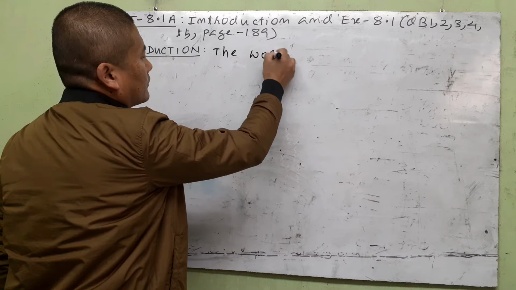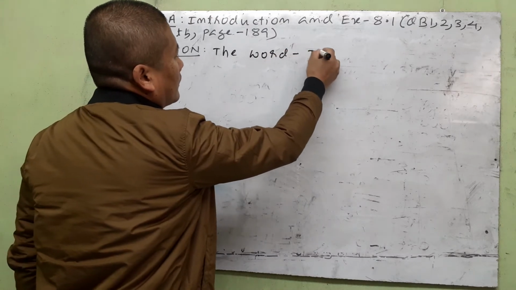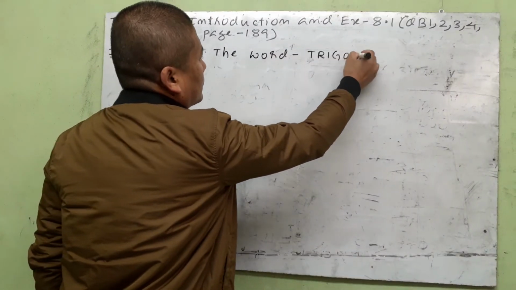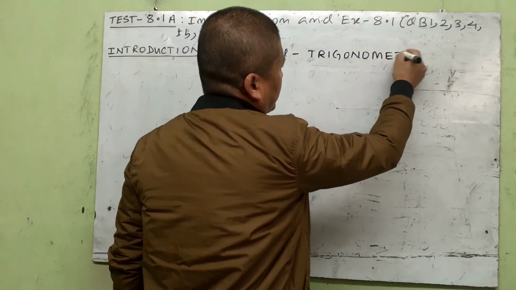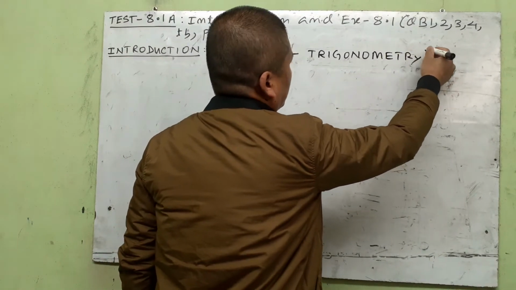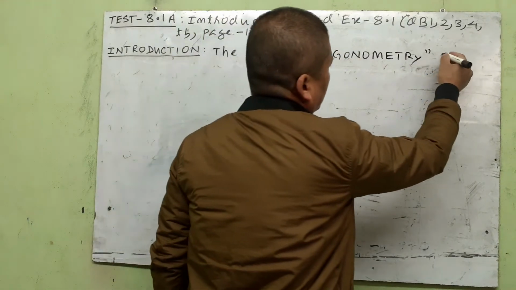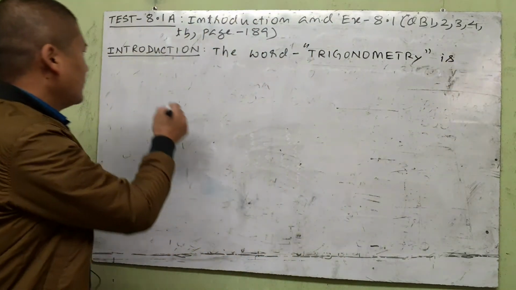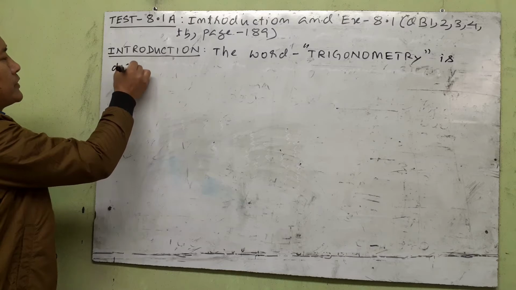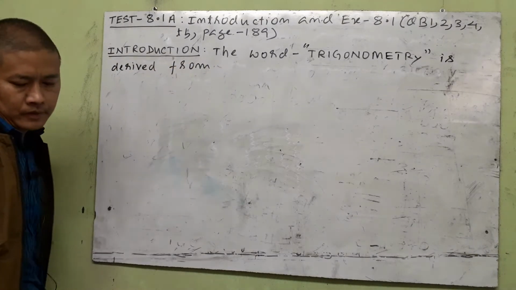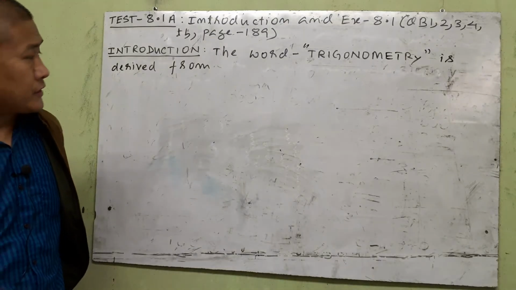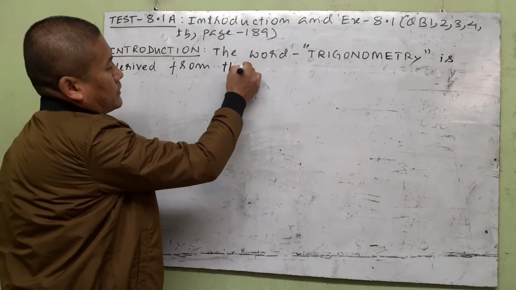The word trigonometry is derived from Greek words, three Greek words actually.